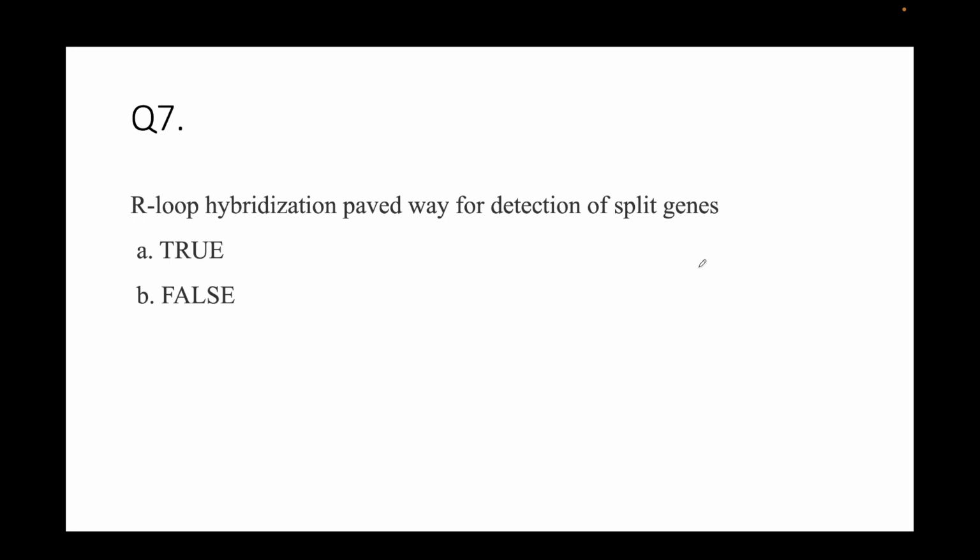R loop hybridization paved the way for detection of split genes. Is it true or false? Try to answer.